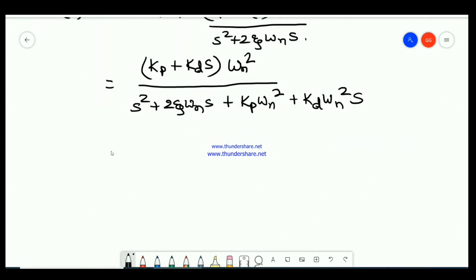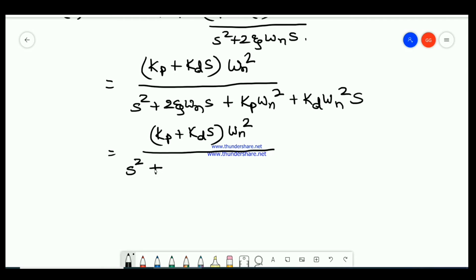(Kp plus Kd s) into omega n square divided by s square plus (2 zeta omega n plus Kd omega n square) into s, added with Kp omega n square. So this is the transfer function for the proportional differential controller.